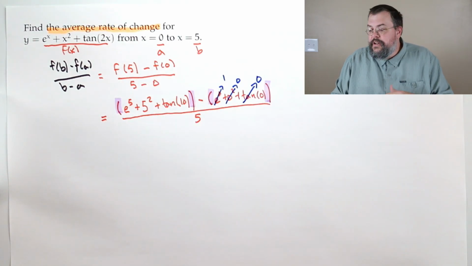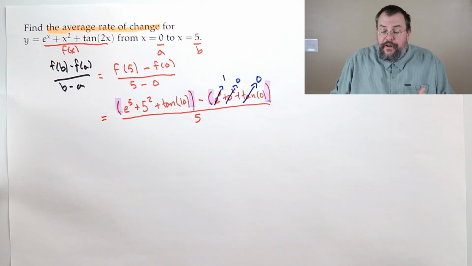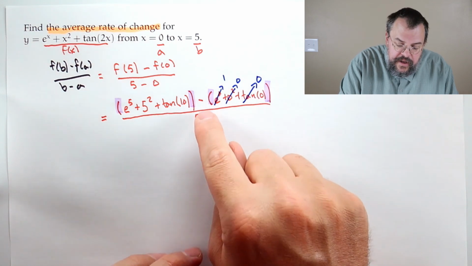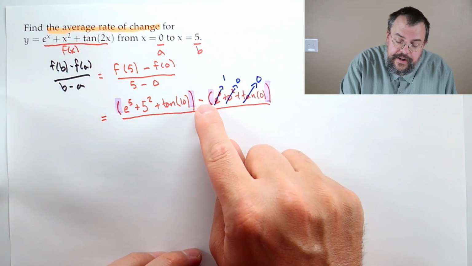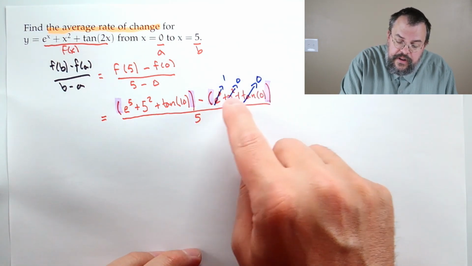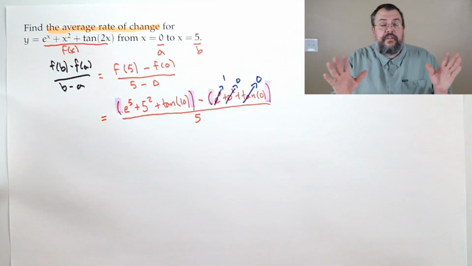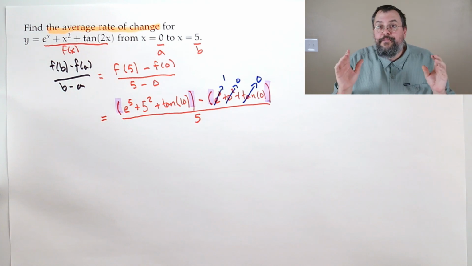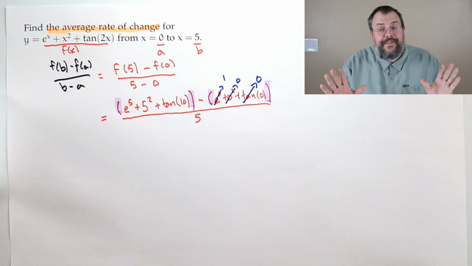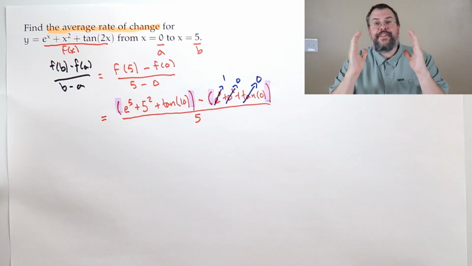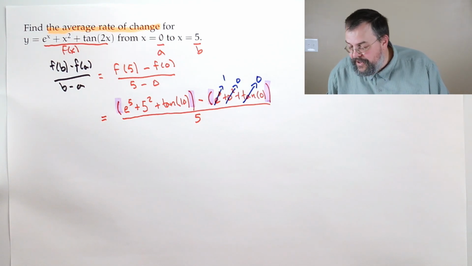The more you get into the habit of using parentheses, the better you'll be. The reason I say that is sometimes you'll have things like a minus sign in front, and if you forget the parentheses, then you forget that the minus comes through. Now, in this particular case, it really doesn't change much, but that won't always be the case. So if you can get into that good habit, use those parentheses. You're going to save yourself a lot of points.